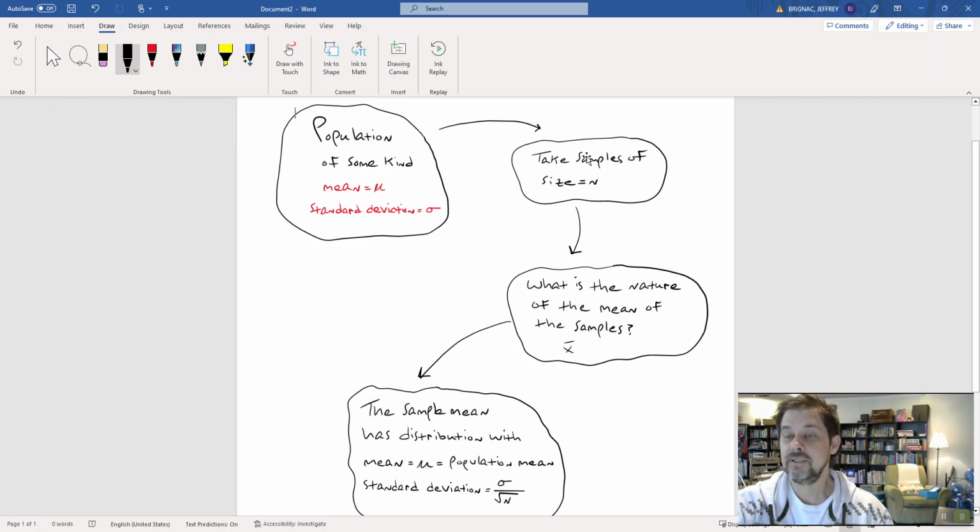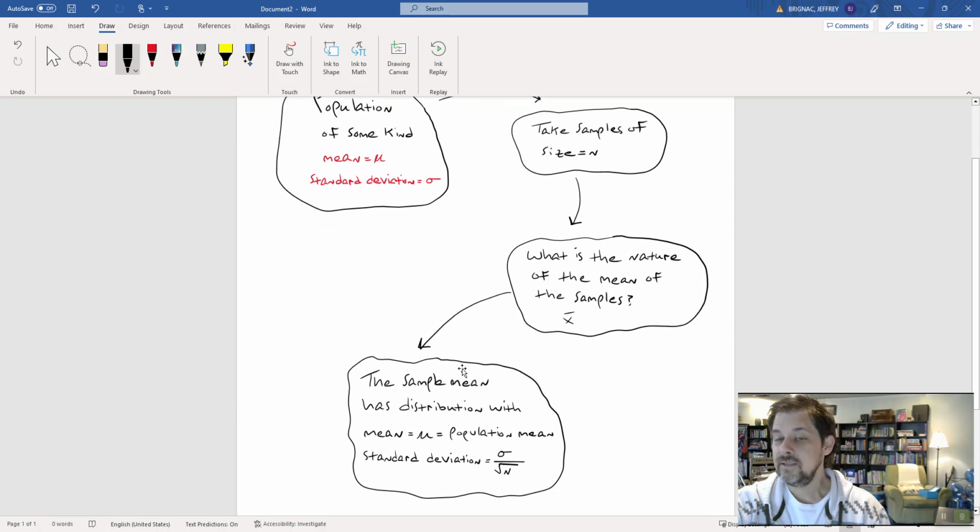So we take samples of a certain size, let's say size n, and I find the mean of each sample. What is the distribution of that? What is that number like? That's our question. You take these samples, you find the mean or average of each sample. That's its own number, and now we're trying to study what that number is like.